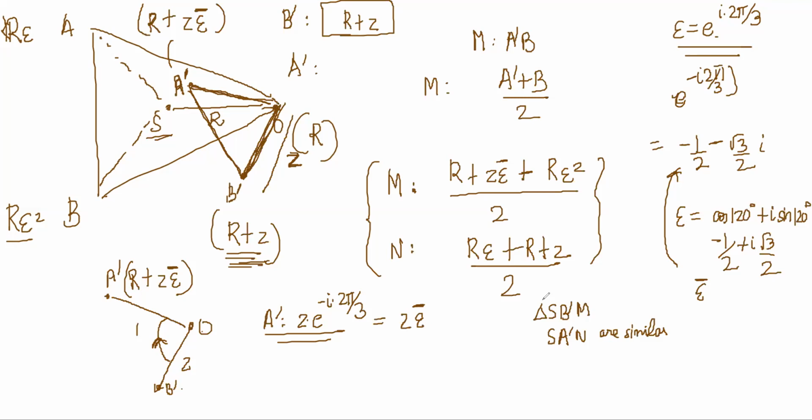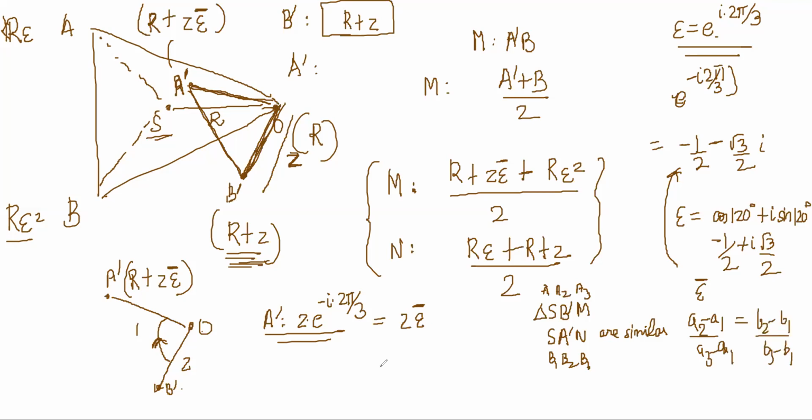Think of it as my A1, A2, A3 in that previous question and B1, B2, B3. I have to just prove that A2 minus A1 by A3 minus A1 is same as B2 minus B1 by B3 minus B1.